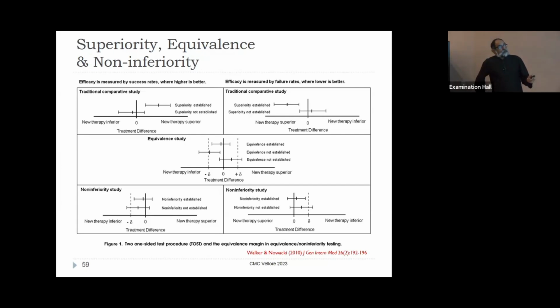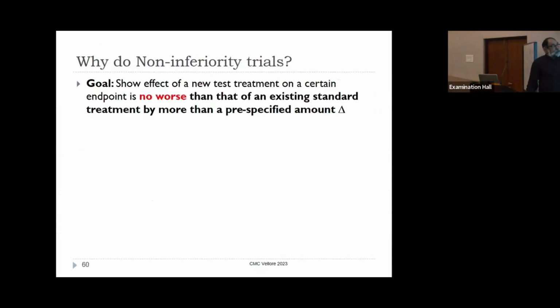And that's for a new therapy being superior. And depending on what is your statistic that you're using, if the outcome is a bad outcome or the outcome is a good outcome, you'll have different types of which side you are, okay? So here, oops, sorry.